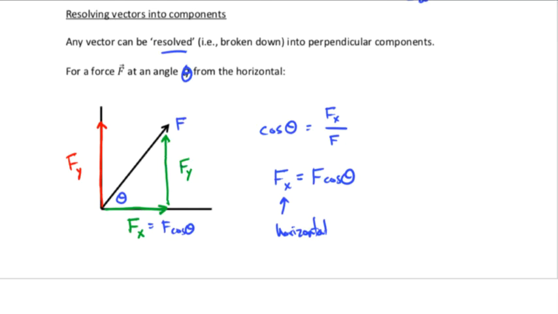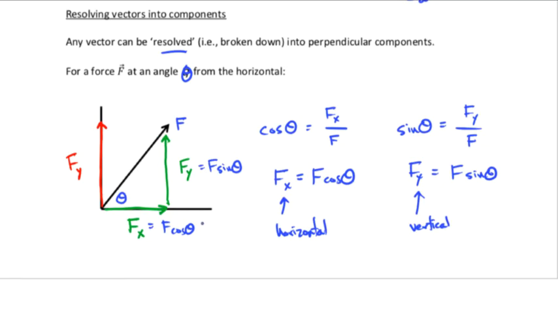If we look at the sine function of that angle theta, sine theta is equal to opposite f sub y over f. And again, now solving for f sub y, we get f sine theta. So the length of this component is f sine theta. This is the vertical component.